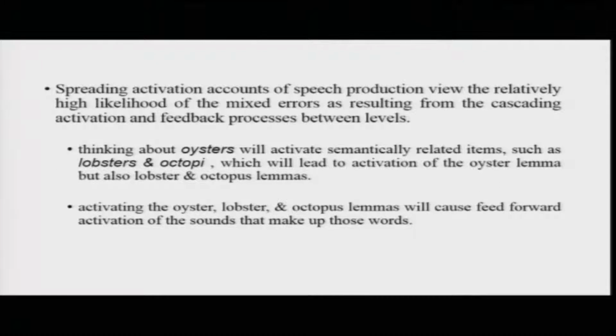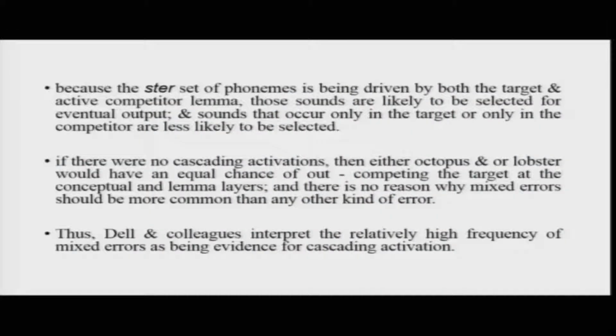Activating the oyster, lobster and octopus lemmas will also feed forward the activation of the sounds that make up those words. So the connection is going further down. But because the "ster" set of phonemes is being driven by both the lobster and the oyster, it receives a little bit more strength.